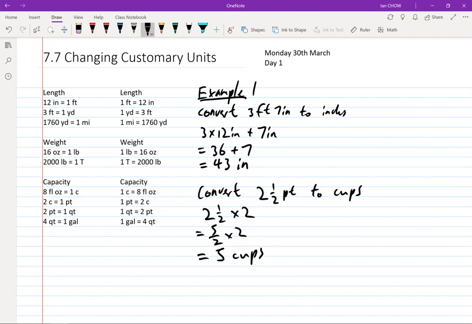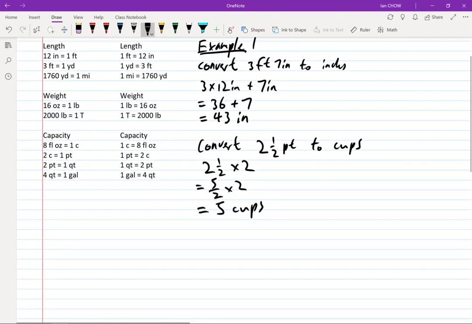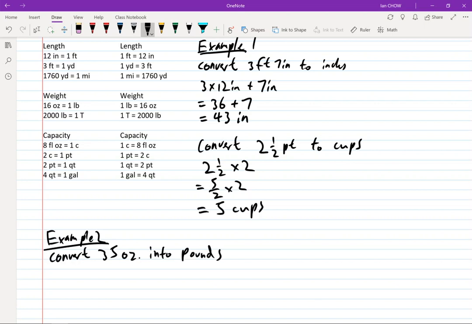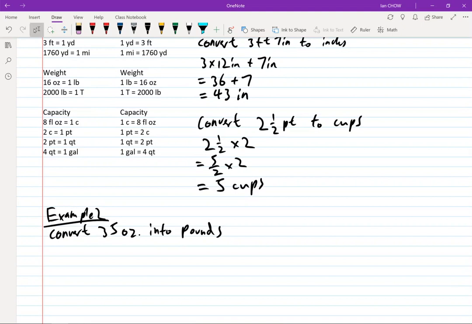Now, what if we have a smaller unit and we want to make it bigger? For example 2, let's say we want to convert 35 ounces to pounds, and express the answer in decimal form, fraction form, or in pounds and ounces.